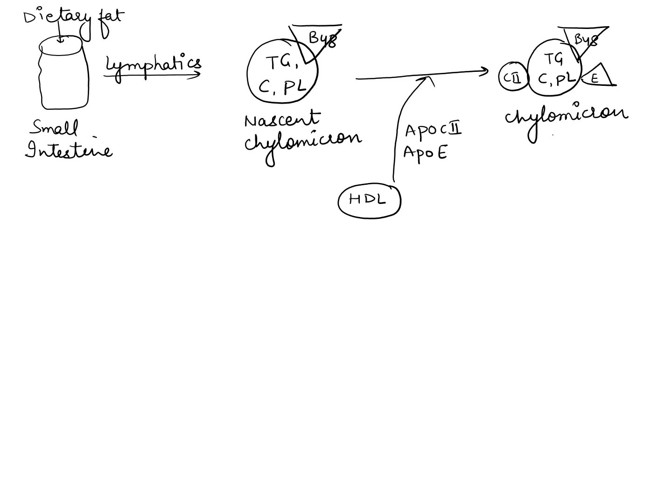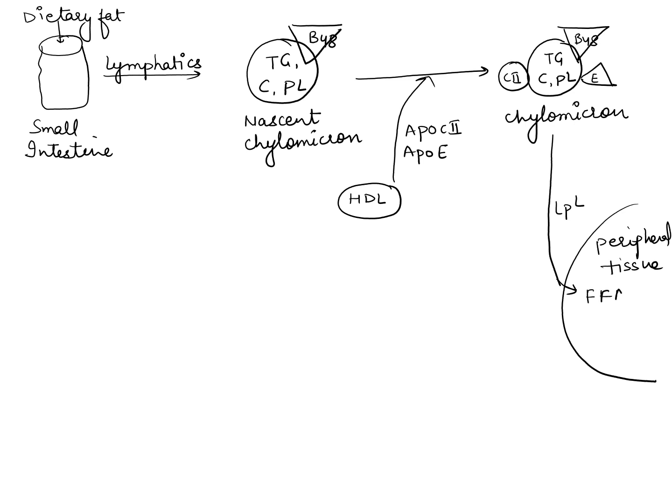Now lipoprotein lipase will act on chylomicron and TG will be degraded. These are the peripheral tissues. By lipoprotein lipase, TG will be degraded and converted to free fatty acids and glycerol. So these free fatty acids and glycerol will be delivered to peripheral tissues.